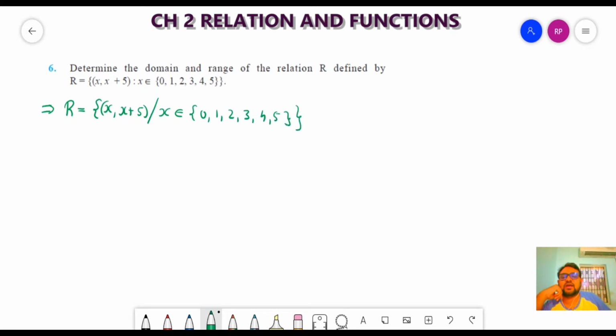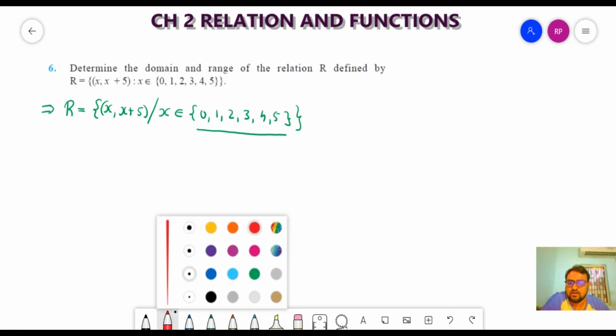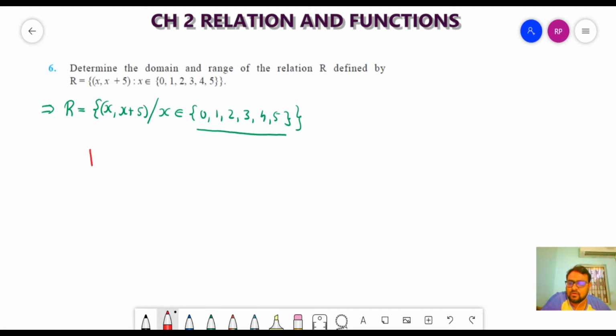So these are the values of x that you can take. Here I am writing x, the first element of the ordered pair, and here x plus 5. Which values of x can I take? 0, 1, 2, 3, 4, 5. So obviously this will be the domain: 0, 1, 2, 3, 4 and 5.